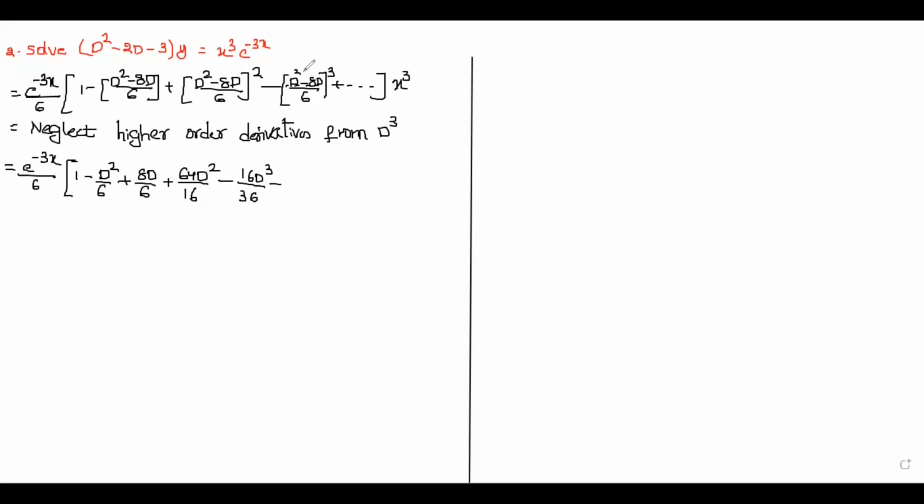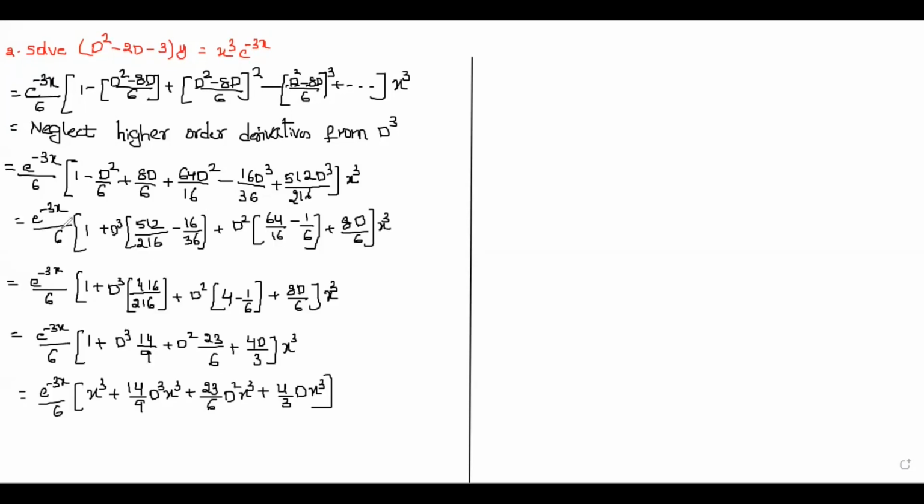So a cube cannot be obtained, and 3a square b and 3ab square also cannot be obtained. So left over is b cube, which is nothing but plus 512 by 216. So e power minus 3x by 6 into 1 plus D cube into 512 by 216 minus 16 by 36 plus D square into 64 by 16 minus 1 by 6 plus 8D by 6 into x cube.